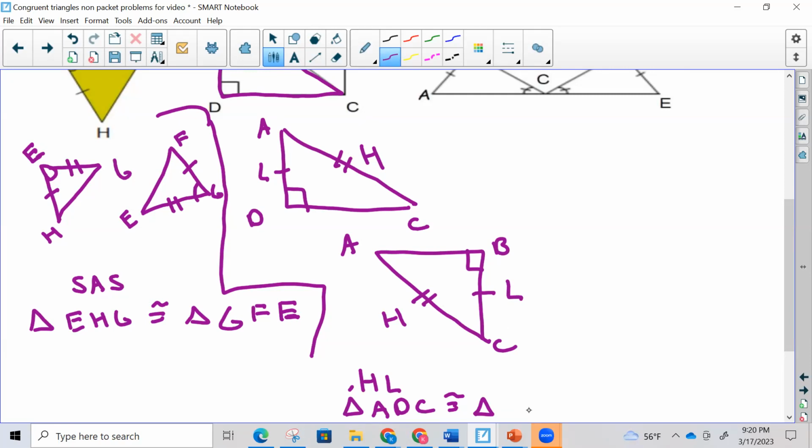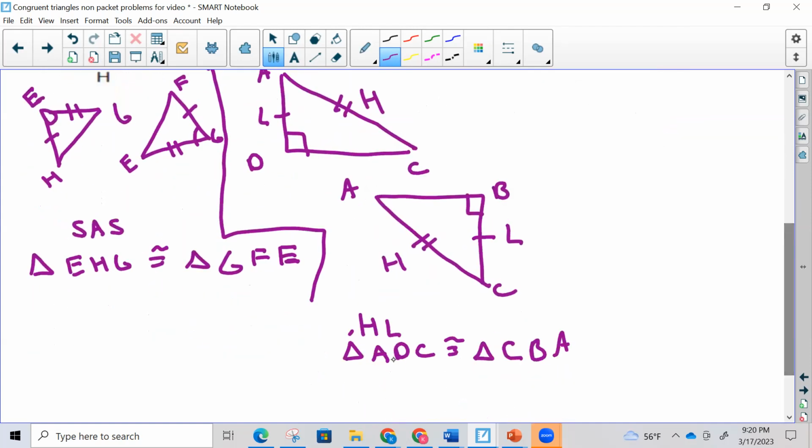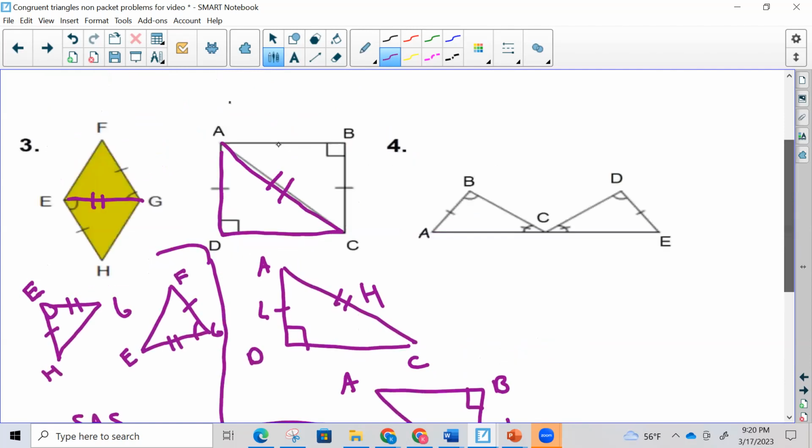So that's going to come first. D is the right angle, so that goes with B. And then this C is going to go with A. And again, A in this first statement is first, but in that second part of the statement is last, because in this case, this angle A is going with this angle C. So those are the congruent parts. And so this is HL.